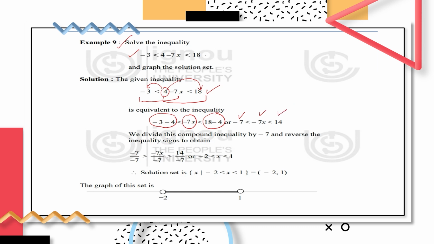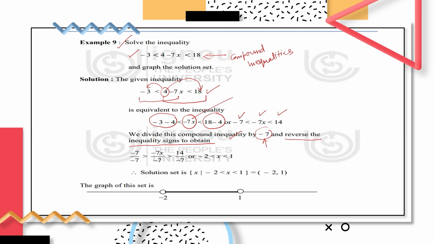Now, this type of inequality is referred to as a compound inequality, because we are simultaneously solving 2 inequalities altogether. So, we divide this compound inequality by minus 7, and because of the number by which we are multiplying or dividing, there was a caution that we need to reverse the inequality sign. Why are we dividing it by minus 7?